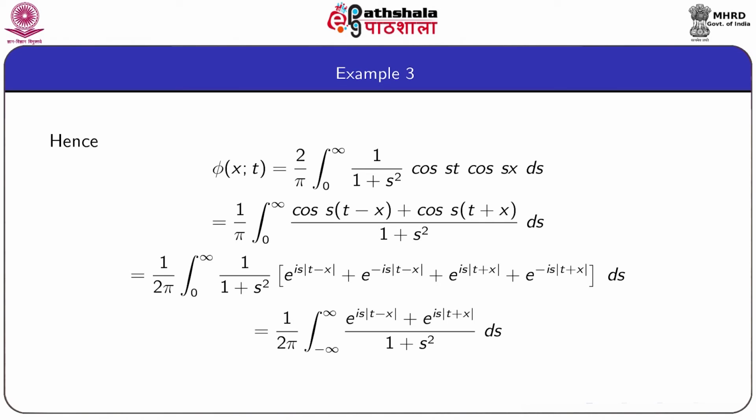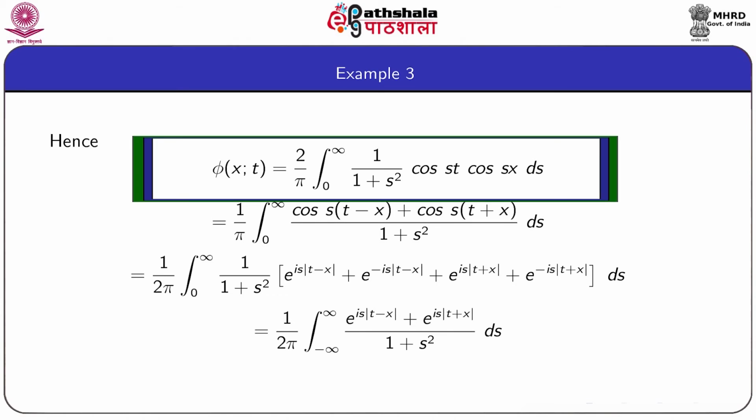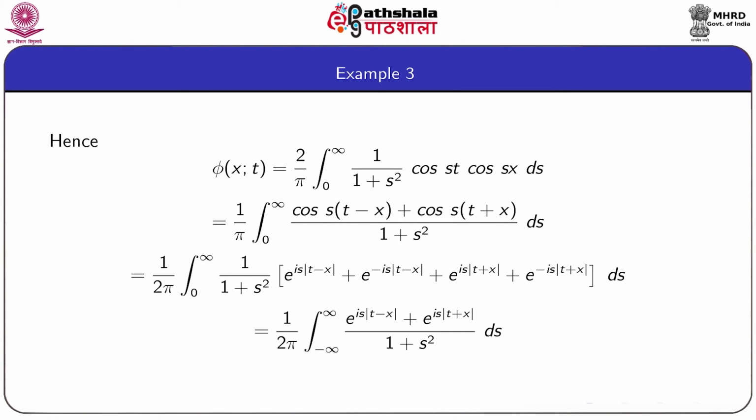Hence, taking the inverse transformation formula, we obtain small φ(x,t) equal to 2 by pi integral from 0 to infinity 1 by (1 + s²) cos st cos sx ds.